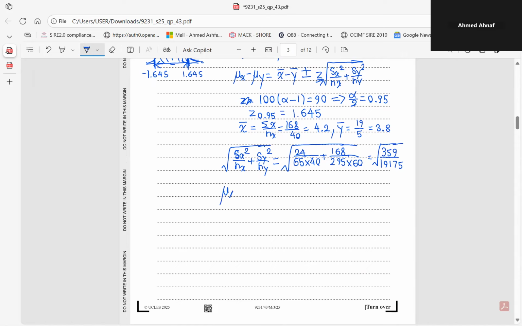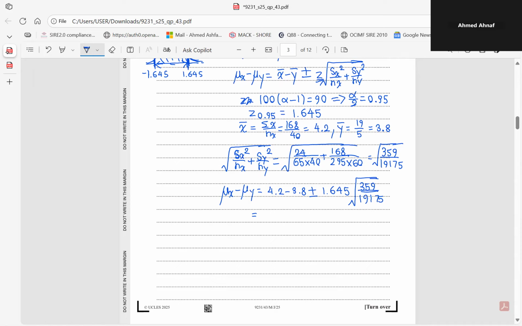And now we can find our confidence interval. 4.2 minus 3.8 plus minus z, which is 1.645 times square root of 359 over 19175. So let's find the lower bound first. We're going to apply the minus sign first.